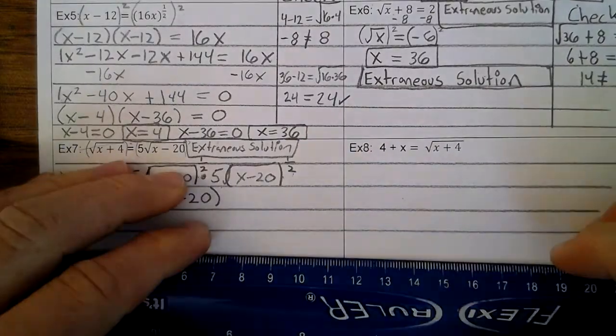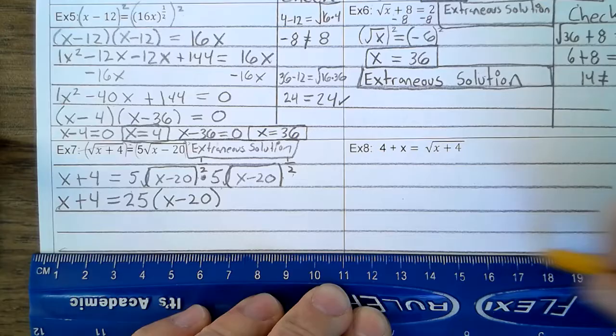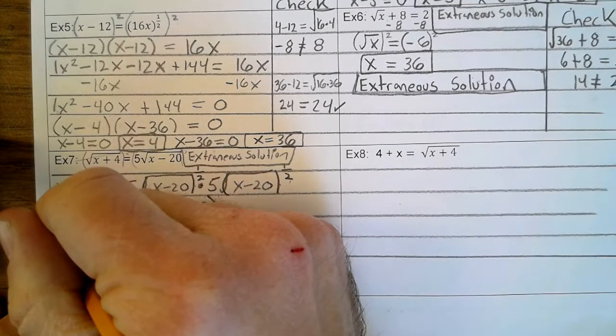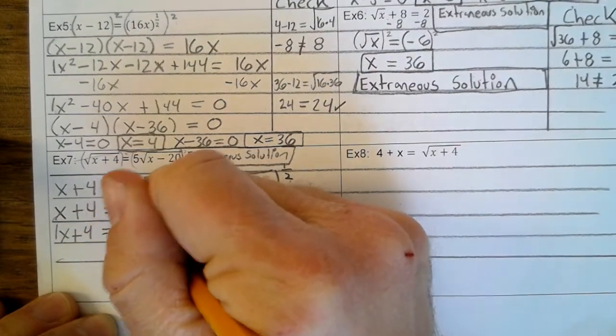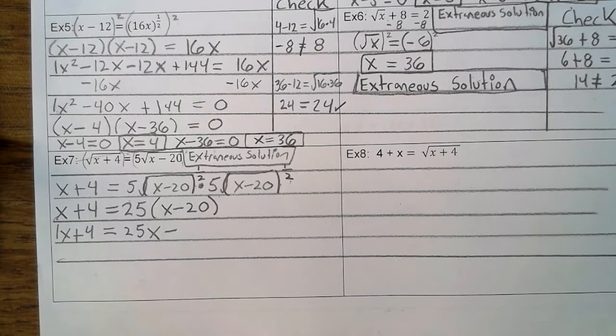So then we have 1x plus 4 equals, distribute the 25, so 25x minus 25 times 20 is negative 500.